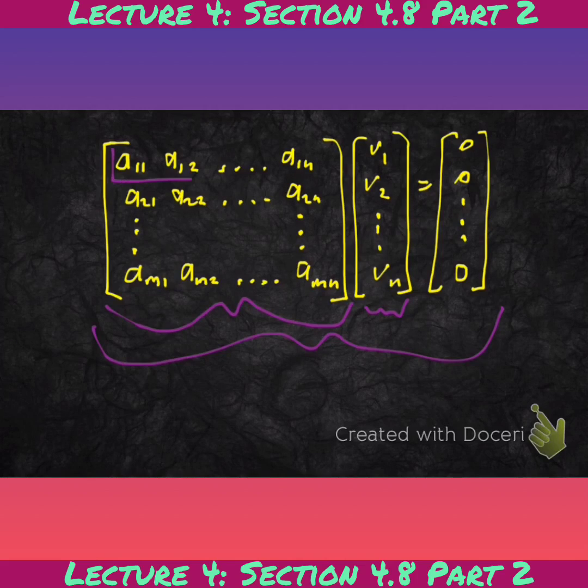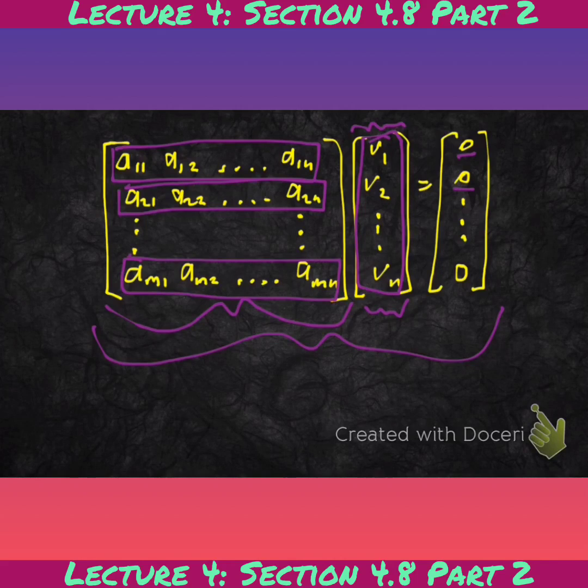It only holds when this row vector's dot product with that column vector is 0. Also, that row vector's dot product with this whole vector has to be 0. And the last row vector's dot product with that vector again has to be 0. So therefore, it is the same as saying that this vector is orthogonal to every one of these row vectors.